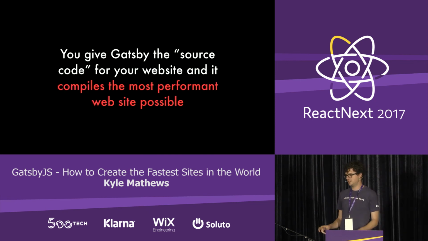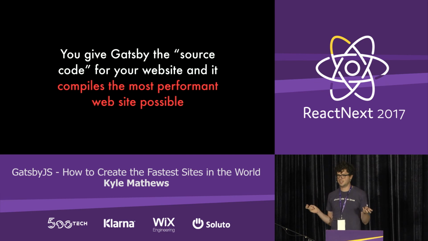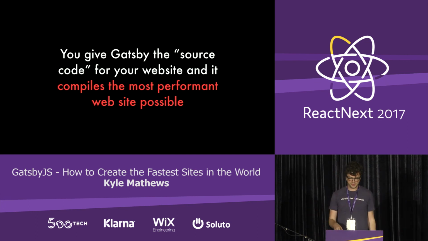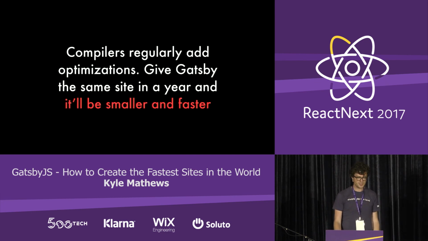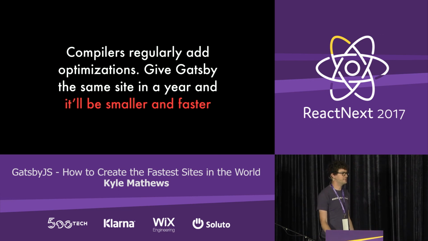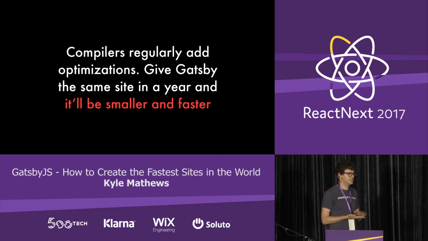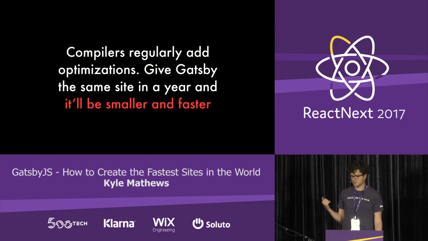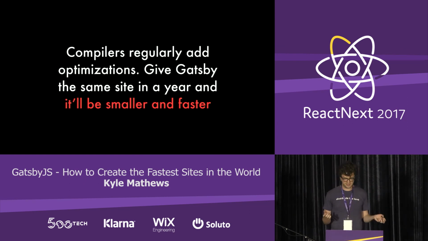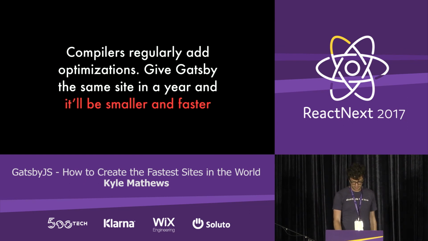With Gatsby, you give it your source code for a website, and it compiles the most performant website possible. Just like compilers add optimizations and figure out new tricks to make common patterns faster, Gatsby is already getting faster and smaller. And a year from now, there'll be all sorts of interesting optimizations that we figured out that'll make things smaller and faster than they are now.